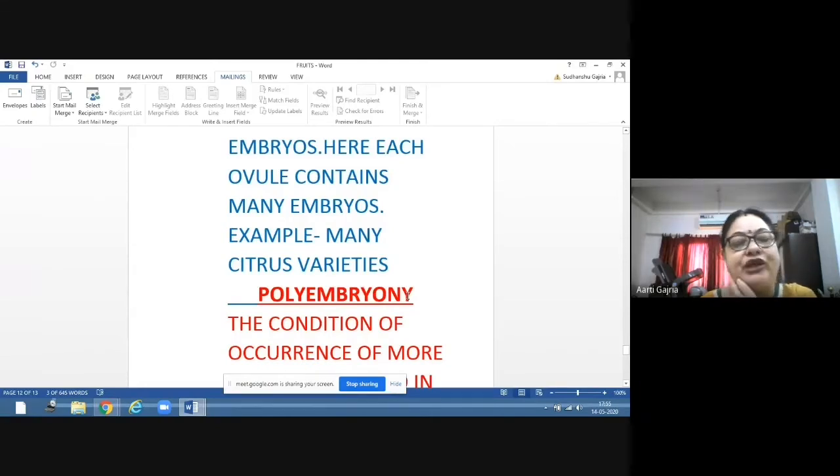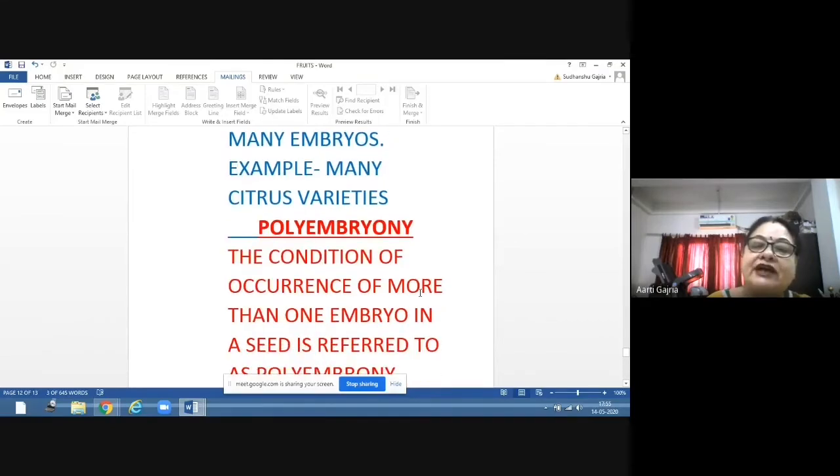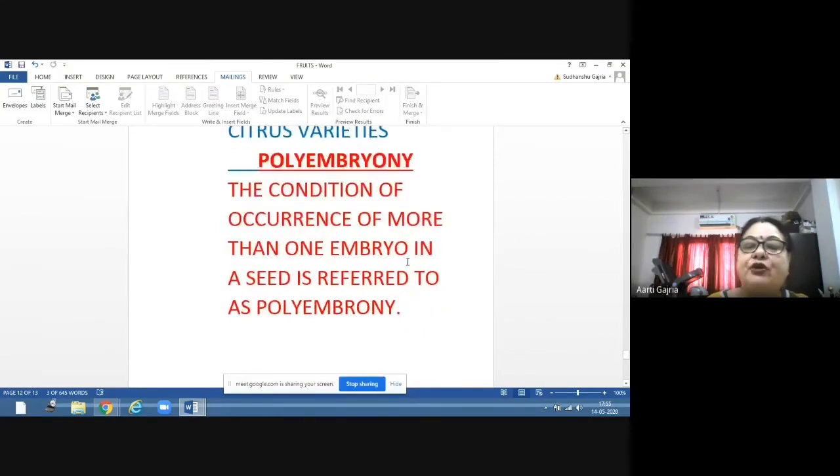Example, you can find polyembryony in citrus varieties. So how can we define polyembryony? It is a condition of occurrence of more than one embryo in a seed. Normally one seed has one embryo, but if a seed has many embryos, it is called polyembryony.